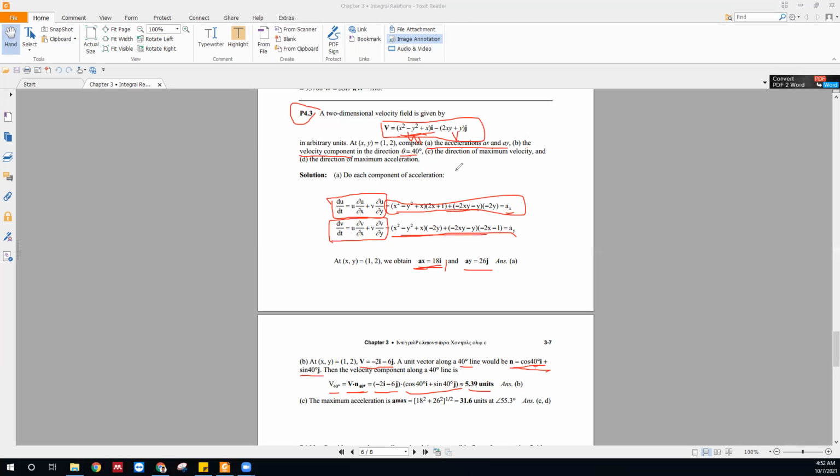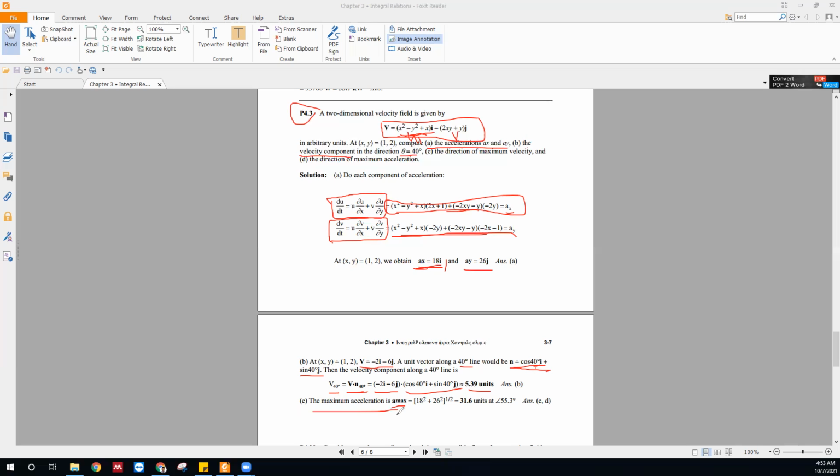Question number C says the direction of maximum velocity and the direction of maximum acceleration. Now, wherever you have the maximum acceleration, you will have the maximum velocity, right? And the direction will also be the same. So in questions C and D, it says the maximum acceleration is a max.